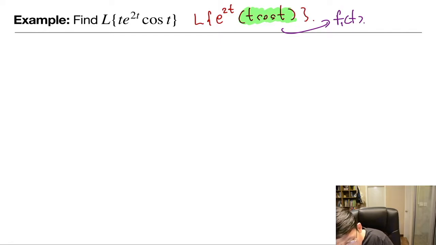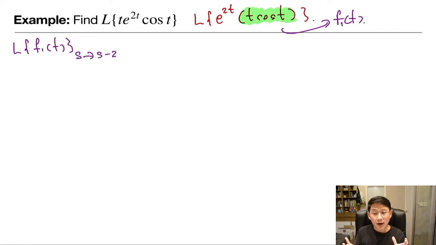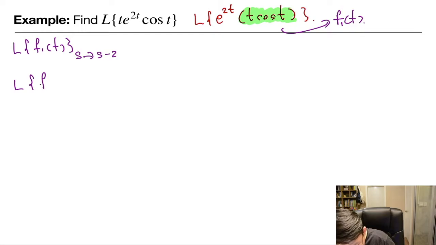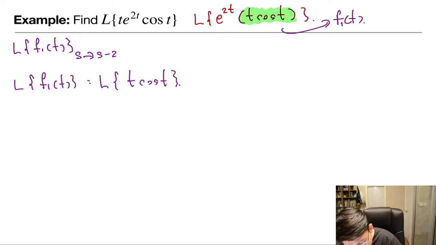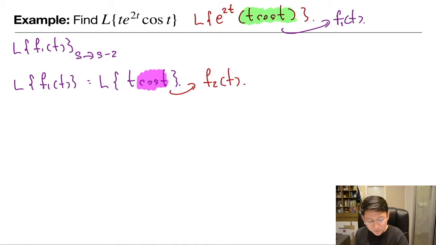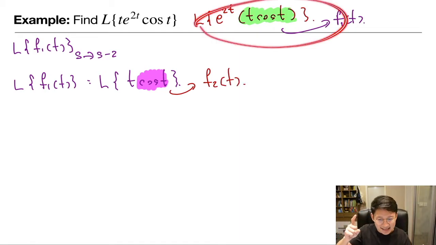So basically we need to find the Laplace transform of f1(t) and then shift s to s minus 2. But to find the Laplace transform of f1(t), it's the Laplace transform of t cos t. So we do need to let this be f2(t). So for this one, we apply the first technique.